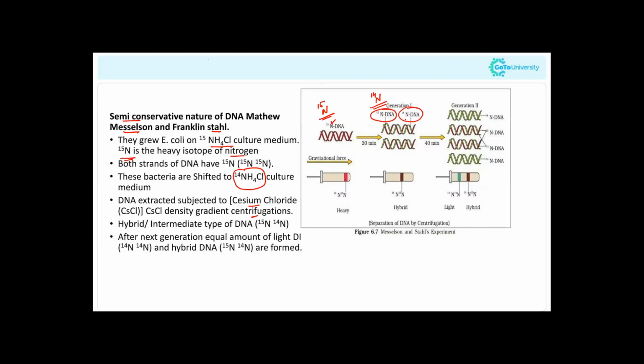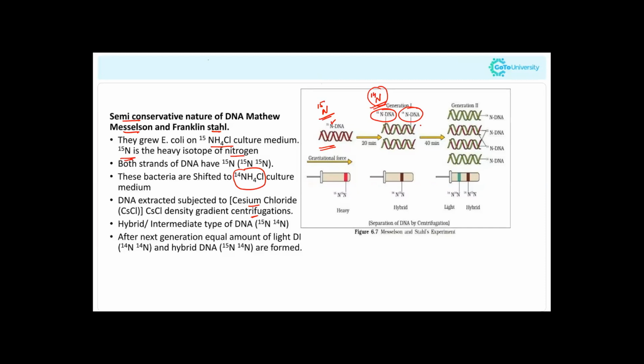So why is it happening like that? Because we know that the bacteria was first grown in a medium containing N15, the heavy isotope of nitrogen. So the DNA had the heavy nitrogen. Now when it was transferred to the next medium, having the light nitrogen, that is N14 medium, what happened?